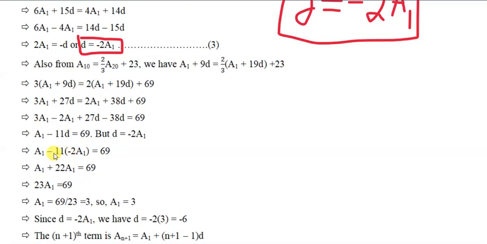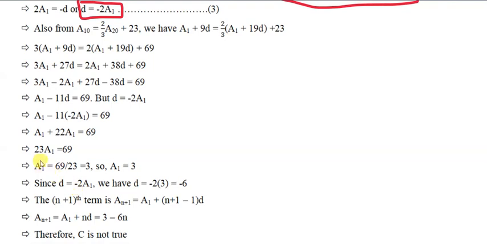Minus times minus is positive. 2 times 11 is 22. Therefore a1 plus 22a1 is equal to 69. The sum of these two gives us 23a1, which is equal to 69. Then divide both sides by 23, and a1 is equal to 69 over 23, therefore a1 is equal to 3.